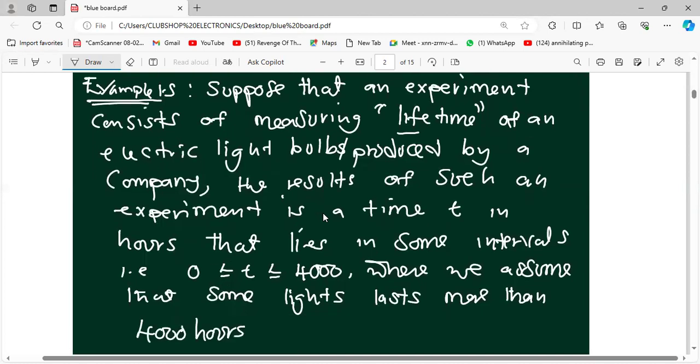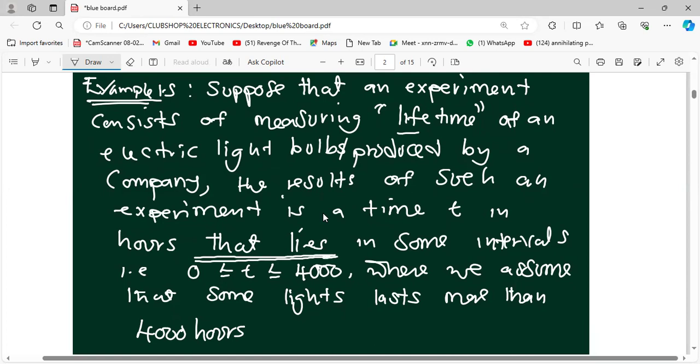Okay? So meaning that once a bulb is produced, it is expected to be in this interval, right? It's expected to be in this interval, all right? But that may not always be the case, okay?